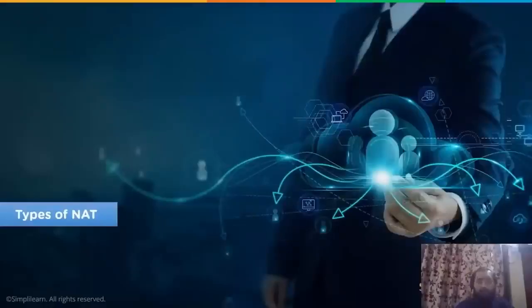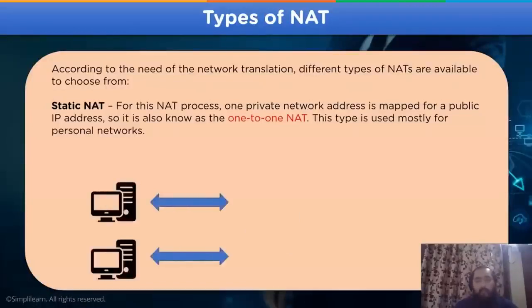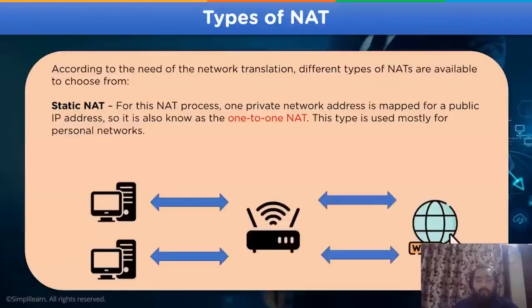Types of NAT. There are different types of NAT available on the internet or in the network channel, but we will discuss three generally used ones. The first one is known as static NAT. According to the static NAT process, in the given private network, each device will have a particular, single public IP address designated to it.